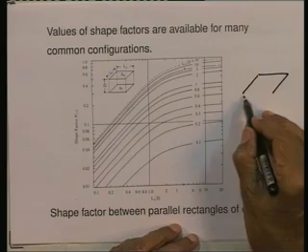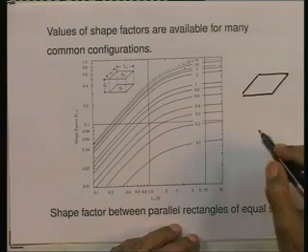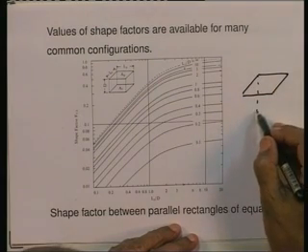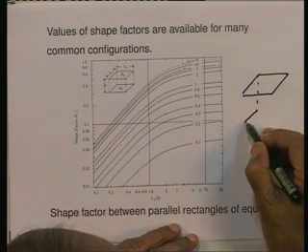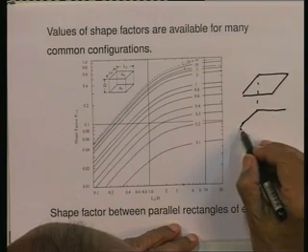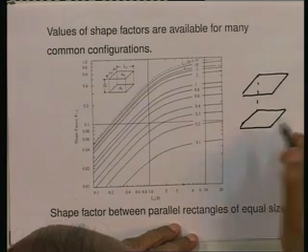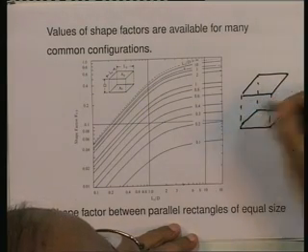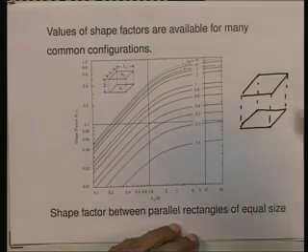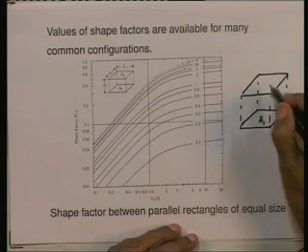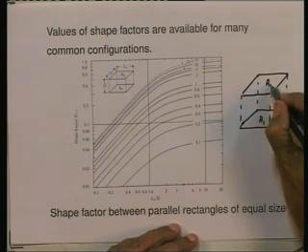One parallel rectangle could be this, and the other parallel rectangle of equal size, which is below, is this. I call this the surface 1, A1, and this 2, A2.